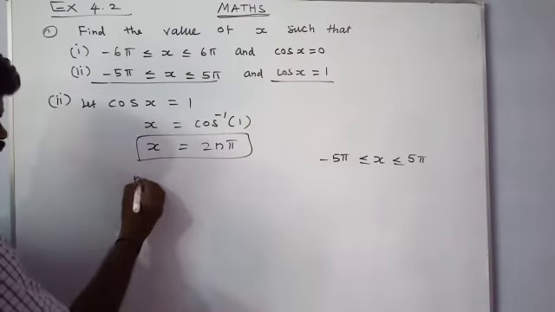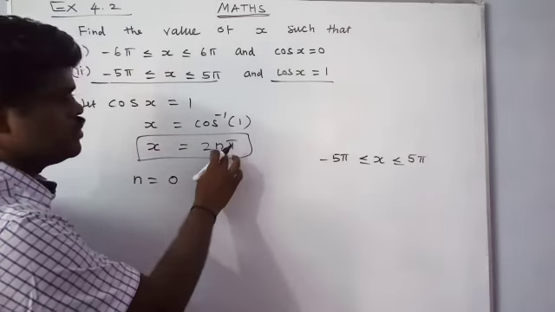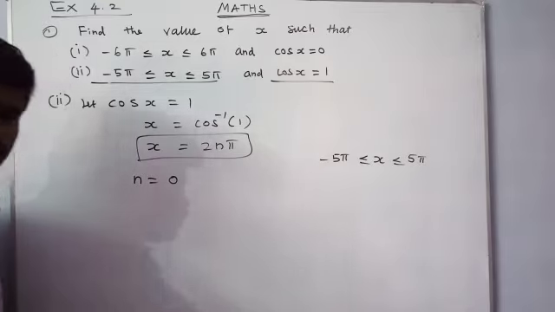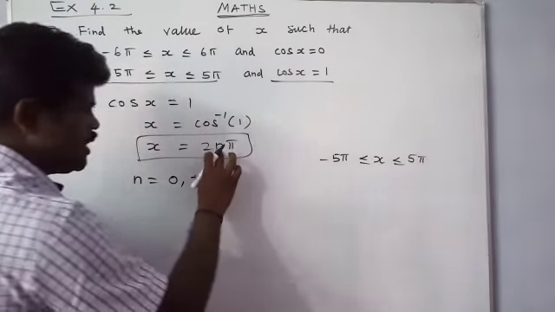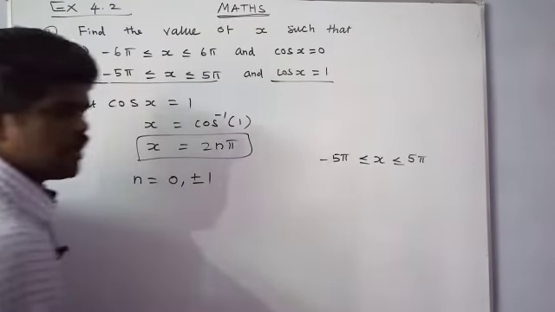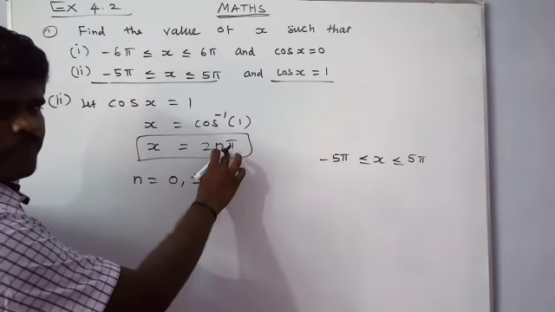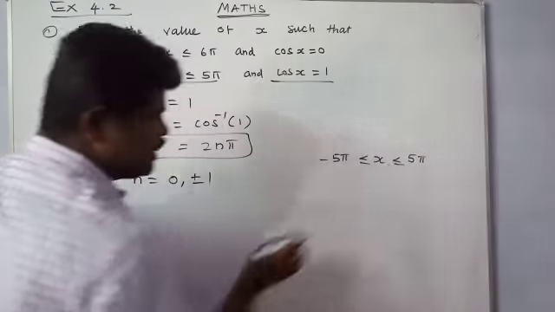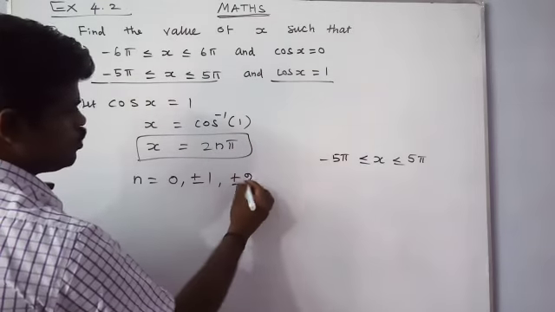First of all, put n equal to 0. 0, sorry, 0 lies between this value, comma plus or minus 1. Put n equal to plus 1, the answer is 2 pi. 2 pi lies between this value, and minus 1, minus 2 pi, also lies between this value, comma plus or minus 2.